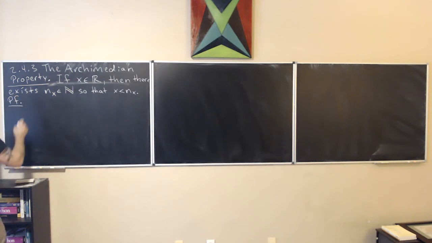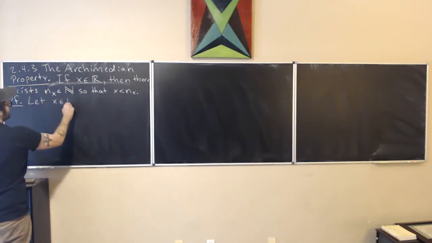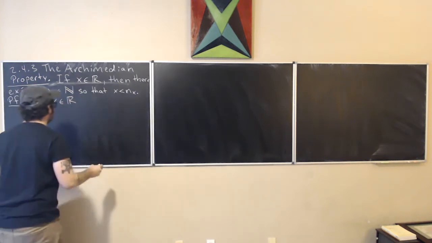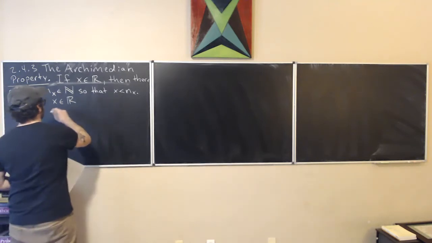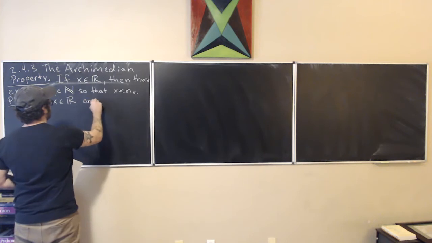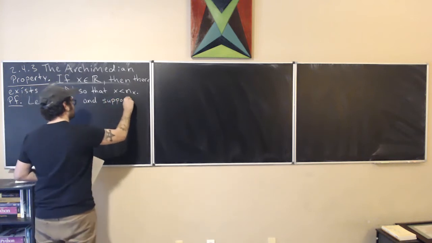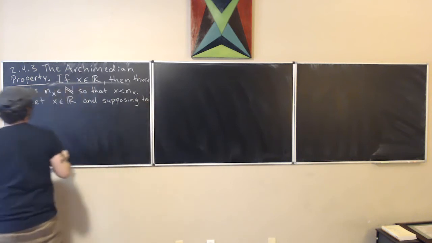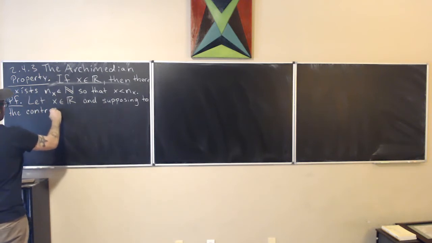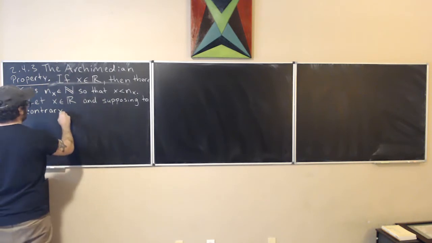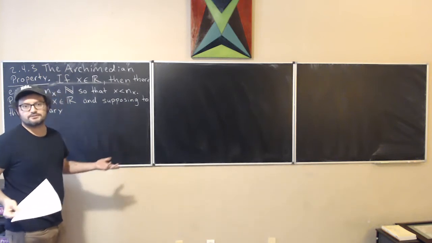Okay, so let's look at the proof. Let x be some arbitrary real number. And we're going to suppose to the contrary that this doesn't hold. So we're proving by way of contradiction. So let x be in R, supposing to the contrary, we're going to assume that x is larger than every natural number.